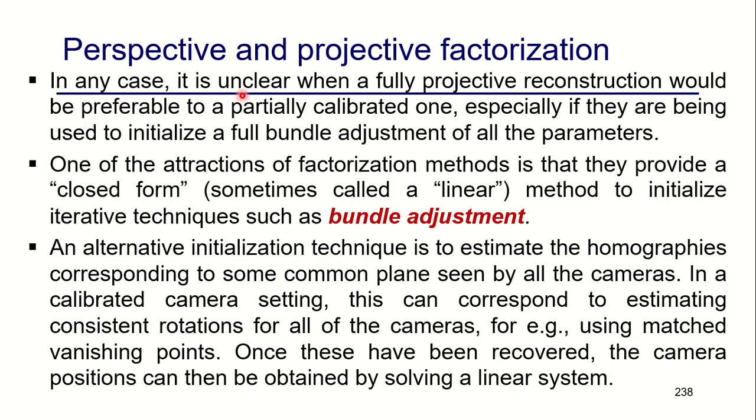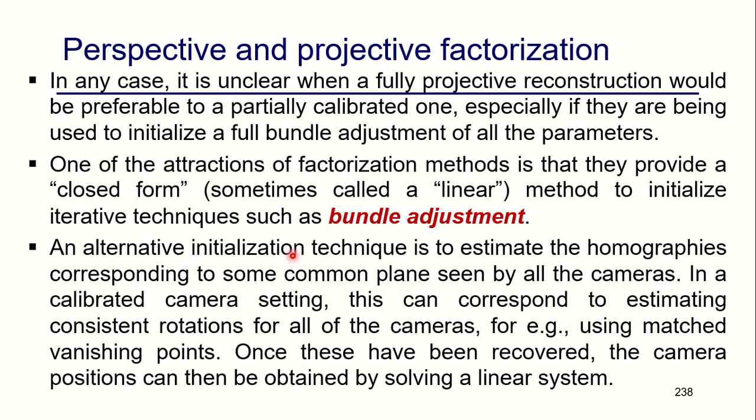In any case, it is unclear when a fully projective reconstruction would be preferable to a partially calibrated one, especially if they are being used to initialize a full bundle adjustment of all the parameters. One of the attractions of factorization methods is that they provide a closed form, and sometimes linear, method to initialize iterative techniques, and this is called bundle adjustment.